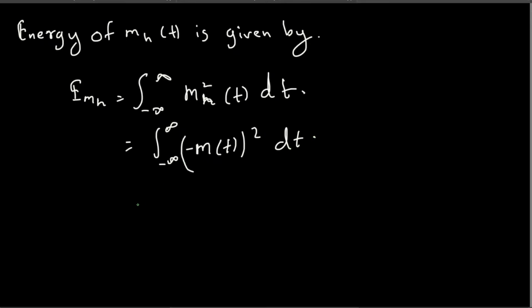Now if you square a negative value, that becomes positive, so that is equal to the integral of M square of T dT. This is equation number 2.